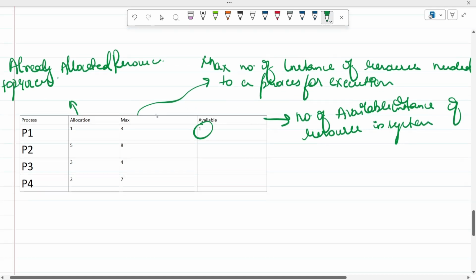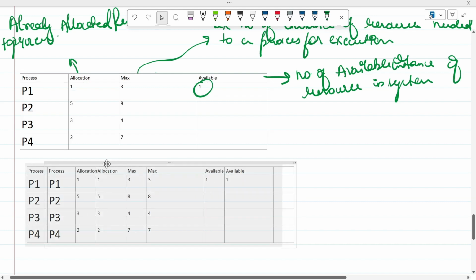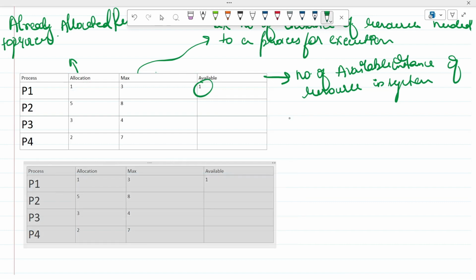So how to solve this question? Available means the system basically has one resource, and if that one resource satisfies any of the processes, you provide that resource to that particular process, and that process starts execution and completes, and the process can terminate.